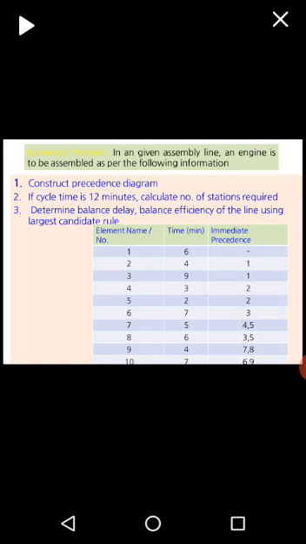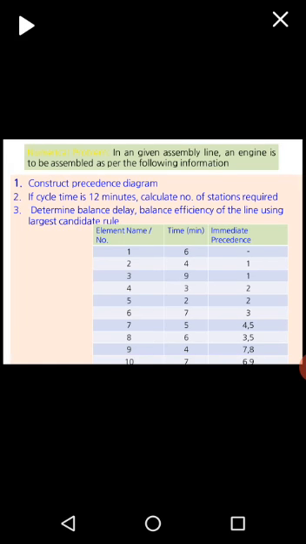Then we also need to identify the balance delay and balance efficiency of the line using the largest candidate rule method. Here we have elements 1 to 10, that is 1 2 3 4 5 6 7 8 9 10. We have 10 elements in total. For each element we have a time, in minutes. For element 1 we have 6 minutes and its precedence is dash.